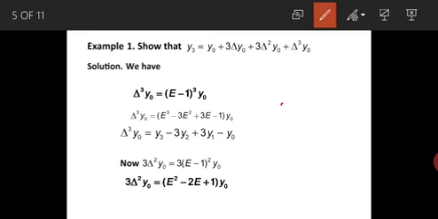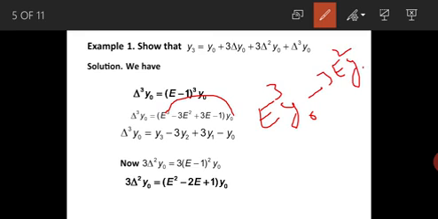I will write it here, that is e cube into y naught, if you multiply this first term, right? Similarly minus e times of e square y naught.